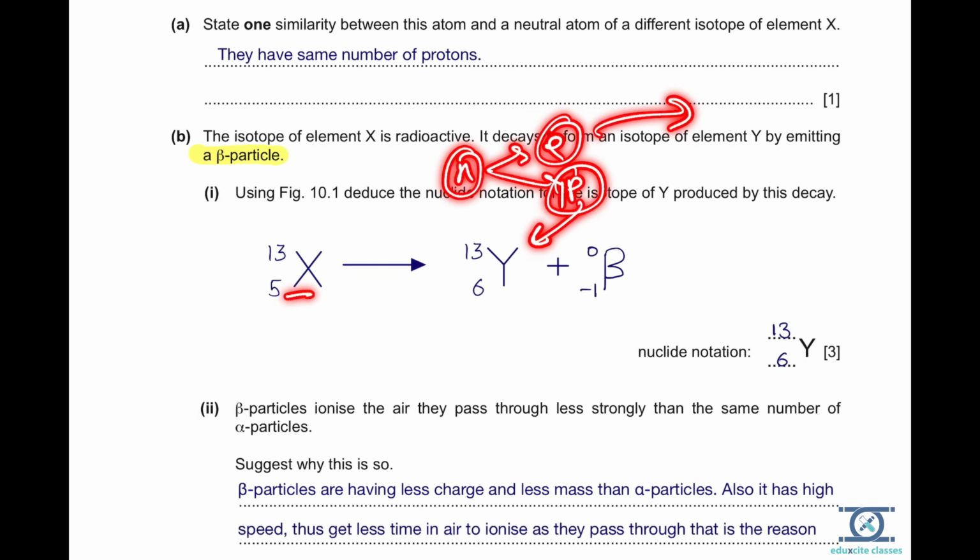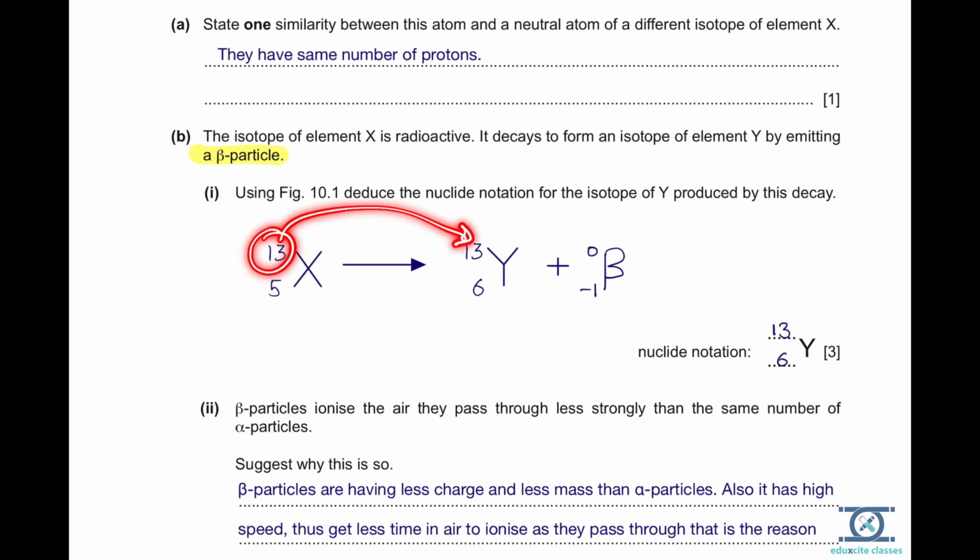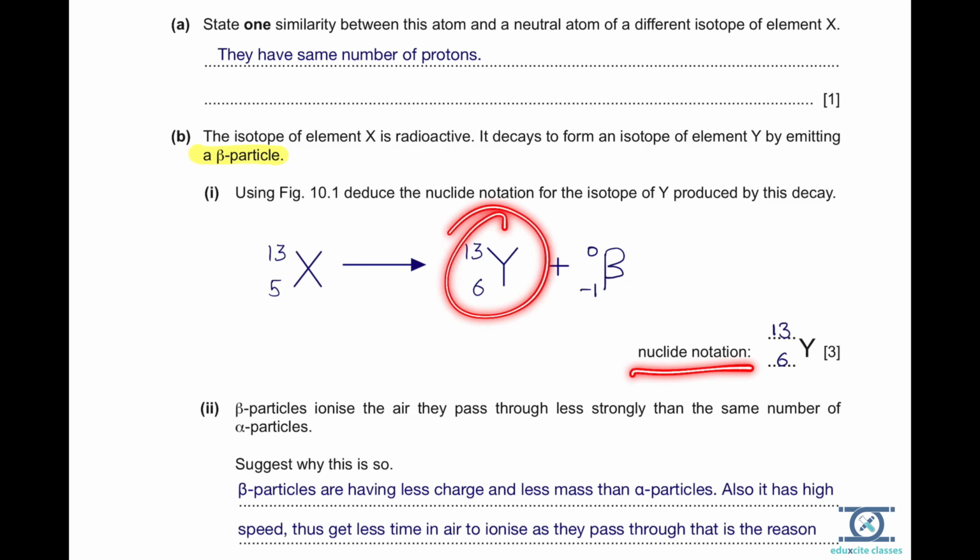So the proton number increases by 1, and as a neutron gets converted into a proton, the atomic mass number will remain the same. So there will be no change in the mass number, or you can say the nucleon number of neutron plus proton will remain the same, but the atomic number will increase by 1 as a proton is added inside the nucleus with the emission of a beta particle, which is similar to an electron. So the nuclide notation for Y becomes 13 and 6. Okay.